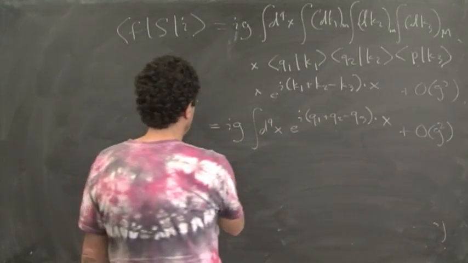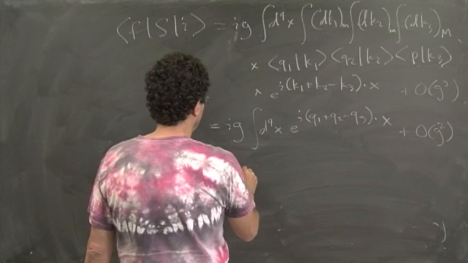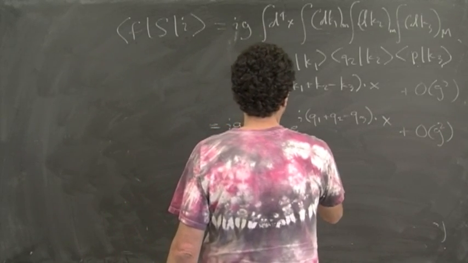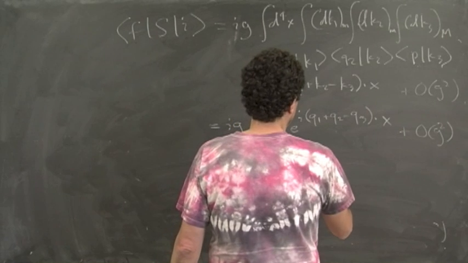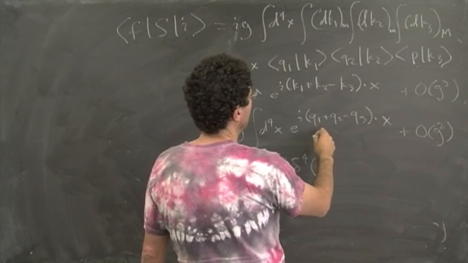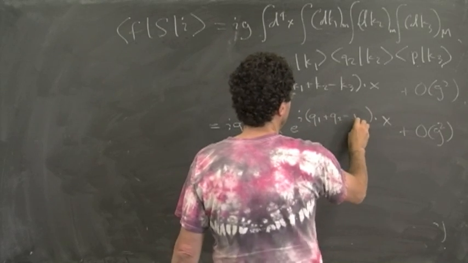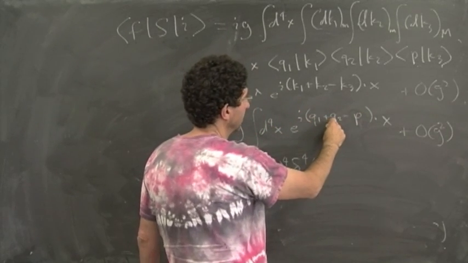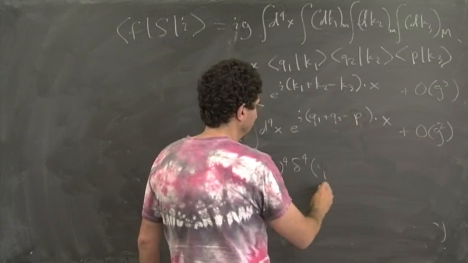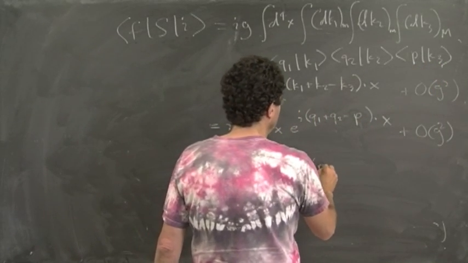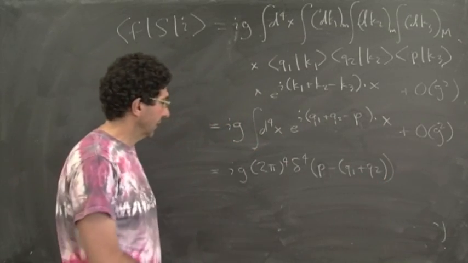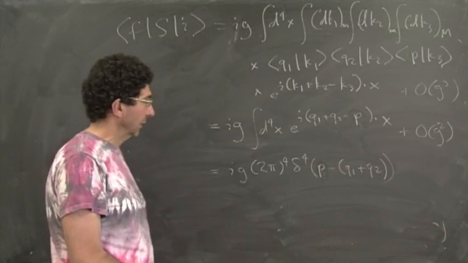This is just a delta function. So this is ig 2 pi to the 4th delta 4. Q1 and Q2 are the final momenta, P is the initial momentum, so I get a delta function, P minus (Q1 plus Q2), times ig.